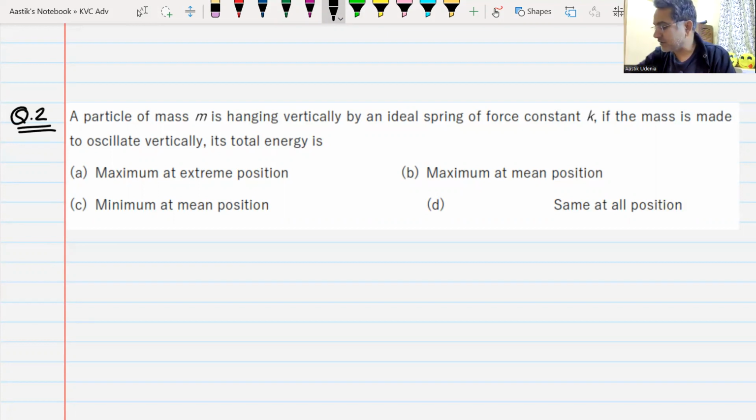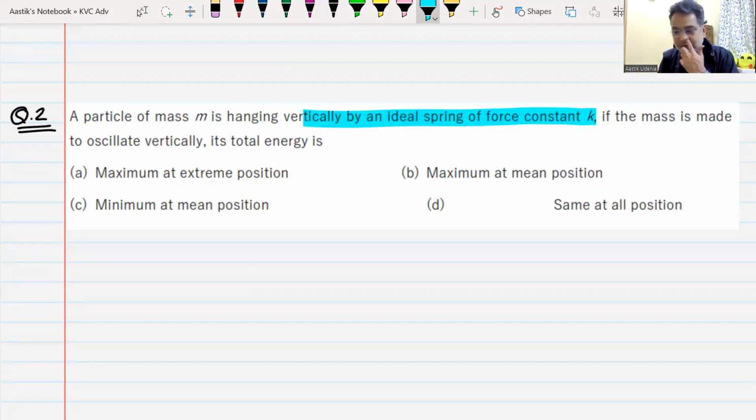We have not come to that spring, but whenever it is hanging by a spring of force constant k, it is made to oscillate freely. What is the correct option out of the 4 options that are given for the total energy? It is the same at all times, because the only two forces acting are gravity and spring. Both are conservative, so mechanical energy will remain constant, whether or not the motion is simple harmonic. You understand this? Yes, sir.